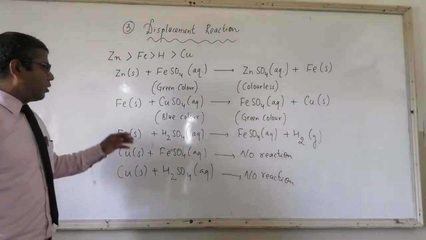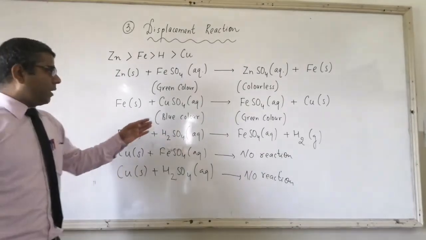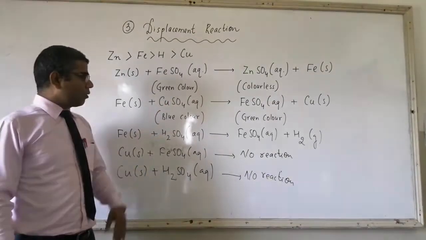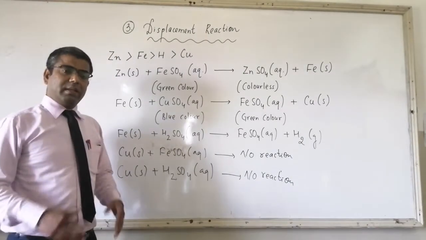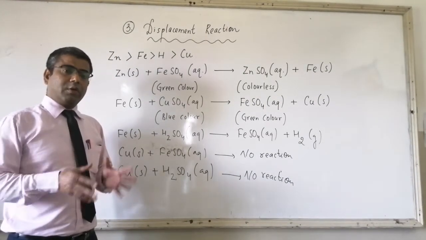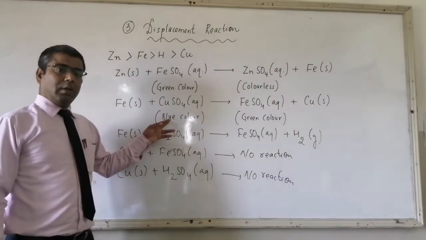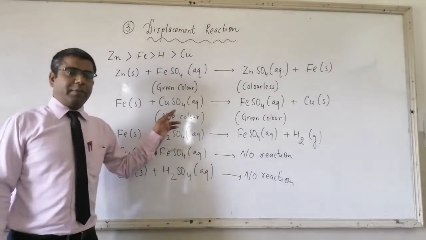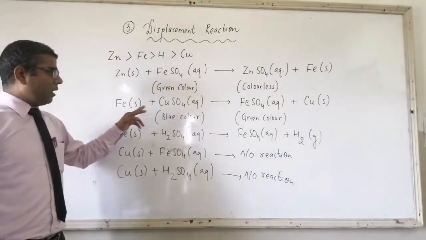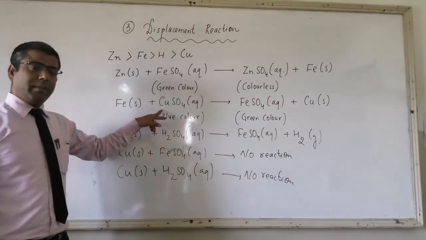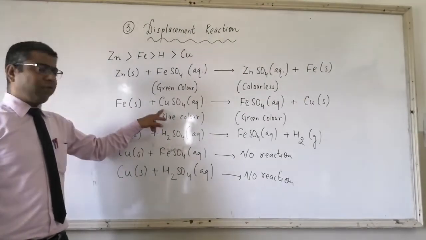Then next, iron is made to react with copper sulfate. Copper sulfate is a blue color solid. When copper sulfate is added to water, we will get blue color solution. So iron is made to react with copper sulfate. Iron being more reactive than copper will displace copper from here.